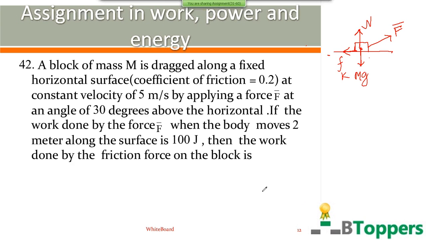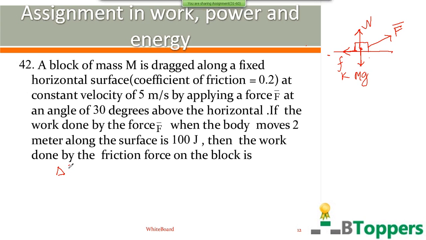This problem can also be solved by using the work energy theorem. Here the mass of the block can be assumed to be constant and velocity is also given to be constant for the given displacement. So if mass and velocity are constant, you can assume kinetic energy to be constant. So as the kinetic energy is constant, the change in kinetic energy can be taken as 0.